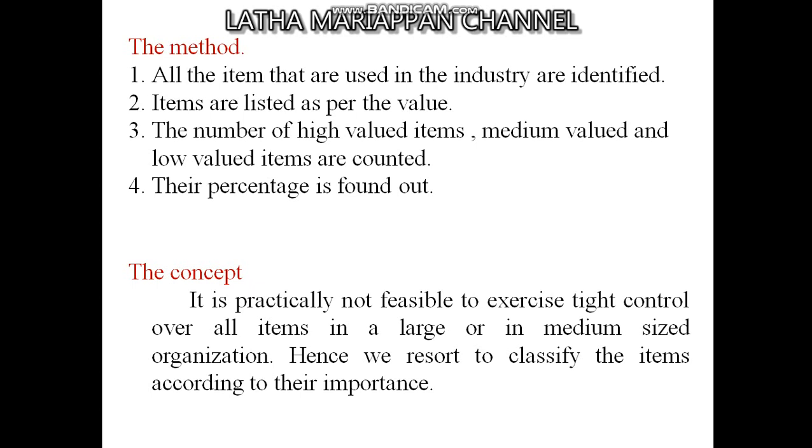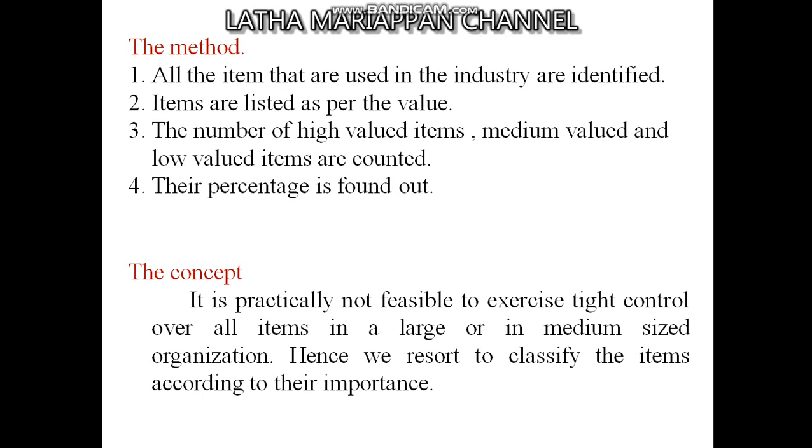All the items that are used in the industry are identified. So, whatever items you are using in your manufacturing sector, production sector, identify that. The items are listed as per the values. So, the valuable items you have to keep in A, the medium items you have to list under B, and the ordinary items, the very low amount items, you have to categorize as C. So, the items are listed as per the value.